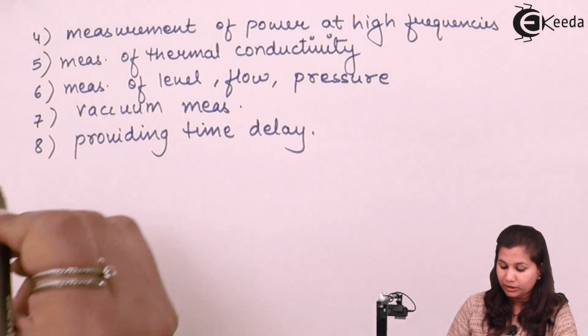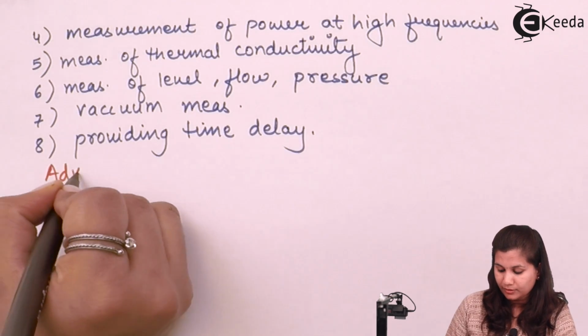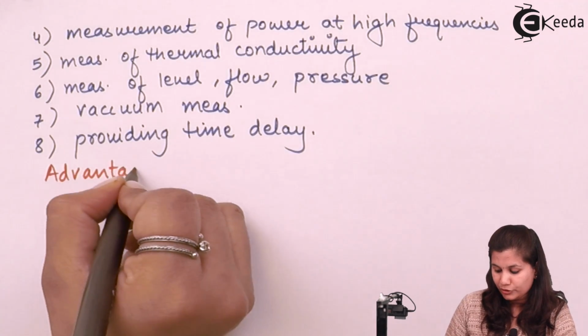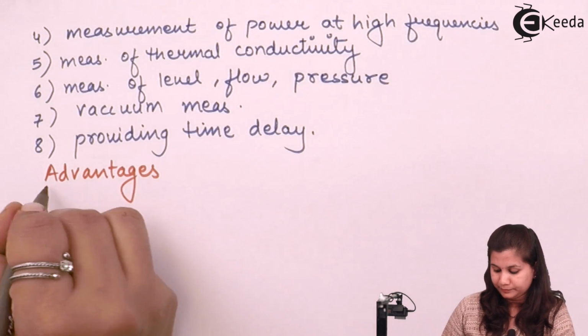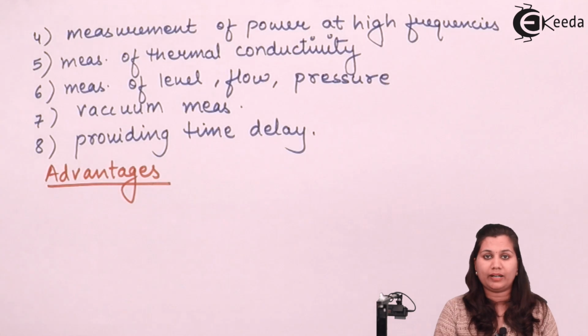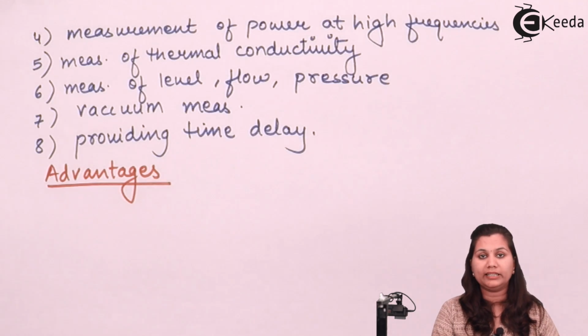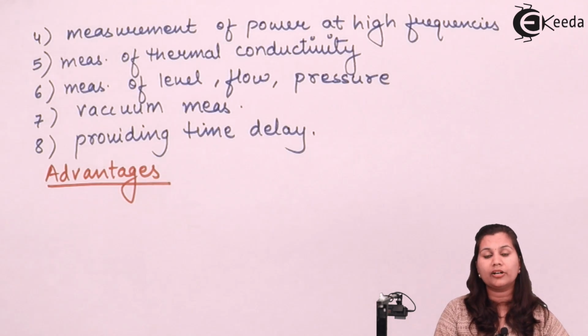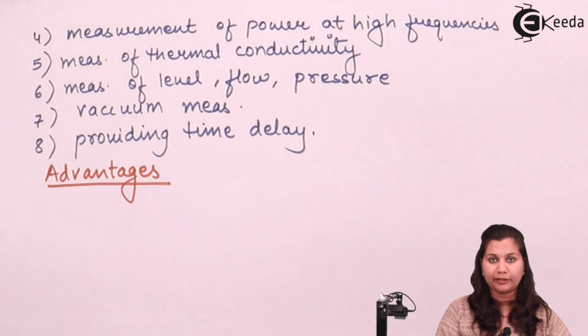Now let us come to the advantages and disadvantages of thermistors. If we talk about its disadvantage, its only disadvantage is that it has a non-linear characteristic between the resistance and the temperature.